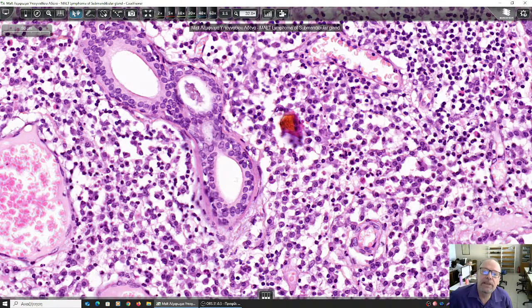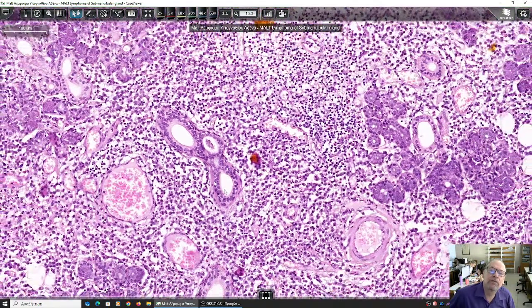So here, you see these? These are the epithelial cells. These are the myoepithelial cells of the duct, and these are the lymphocytes forming. How do you define them? They are more dark. Their nuclei are more dark staining than the epithelial cells. So these are the lymphocytes of the lymphoepithelial lesion.